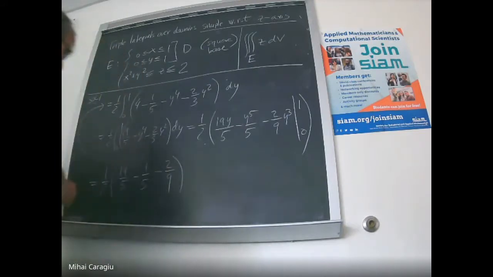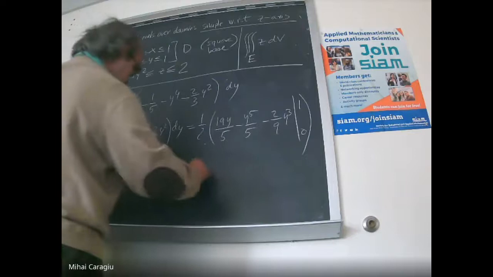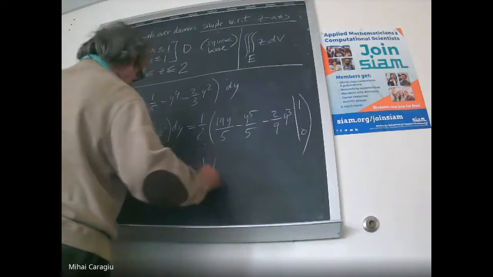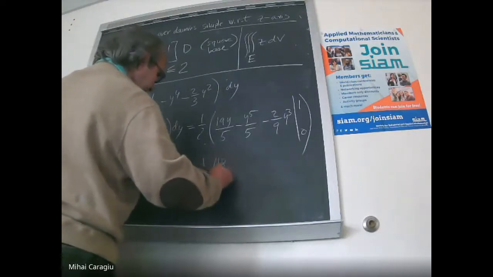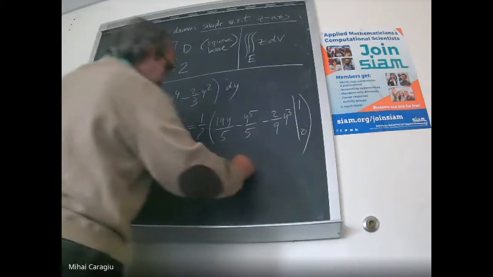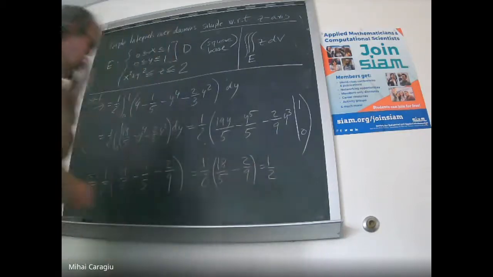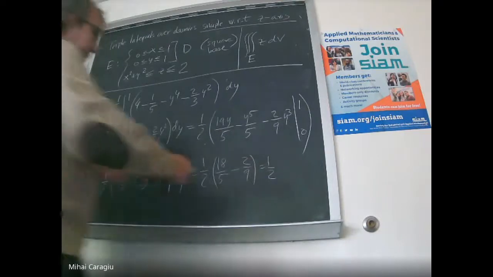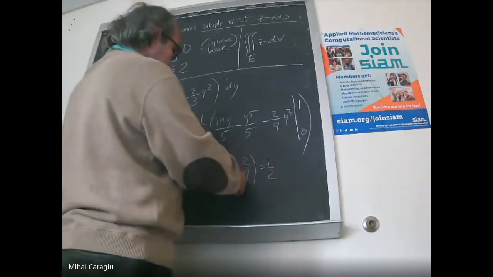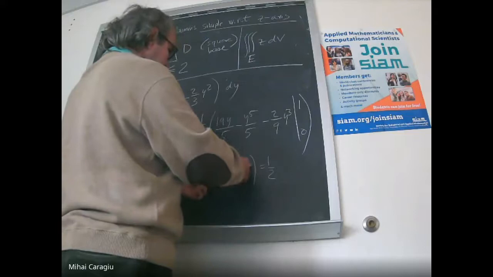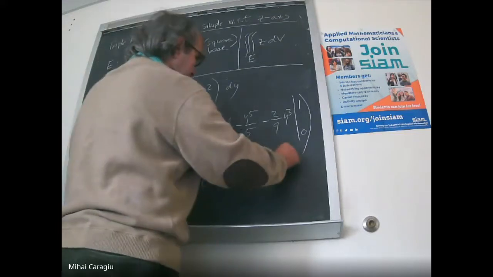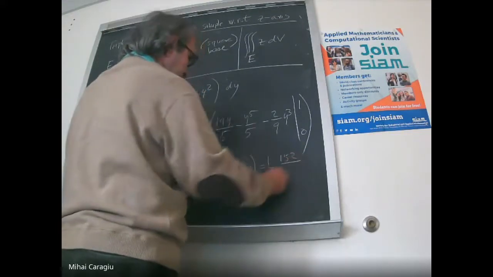And that will be 1 over 2 times 18 over 5 minus 2 over 9, which is 1 over 2 times 162 minus 10, 152 over 45.